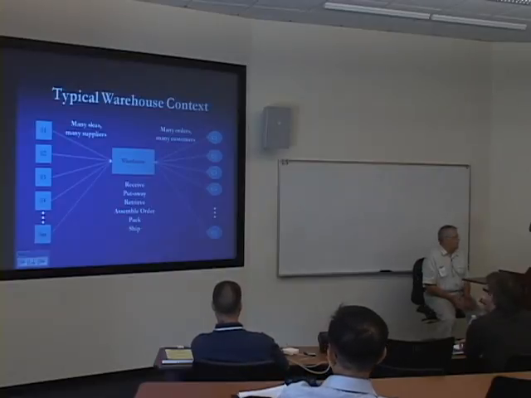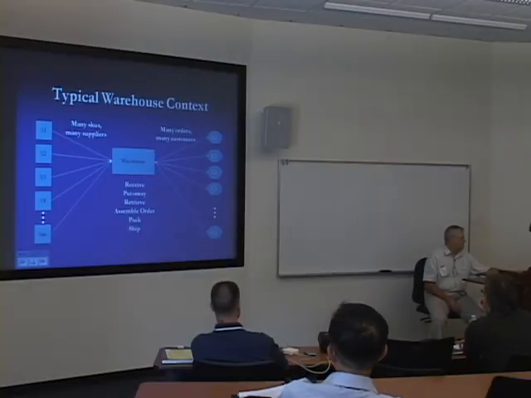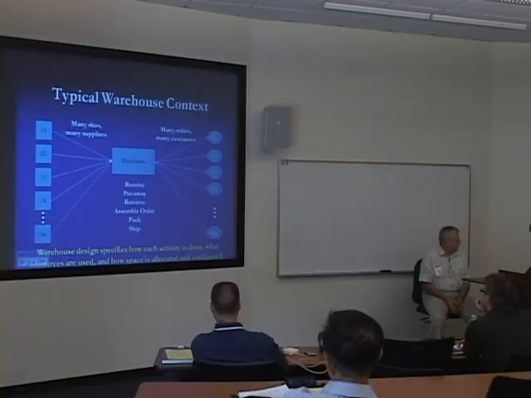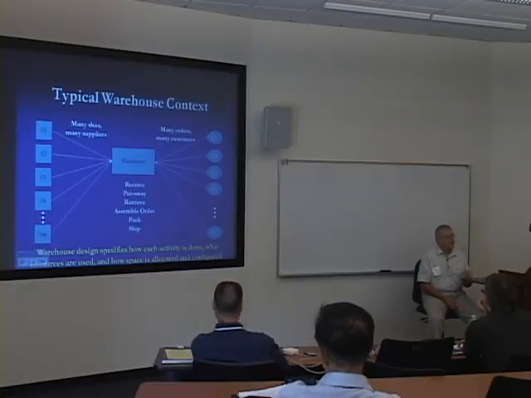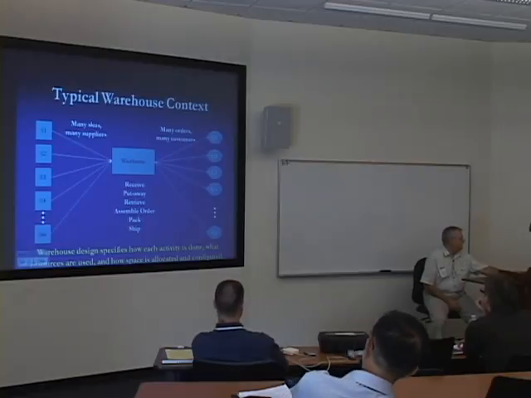So there's this set of activities that take place in every warehouse that's not a cross dock. So I'm not going to talk about cross docks at all. So warehouse design is essentially specifying how each one of these activities is going to be done in this particular warehouse that satisfies the need to couple this set of suppliers and this set of customers, and what sort of resources are going to be needed to support those activities.